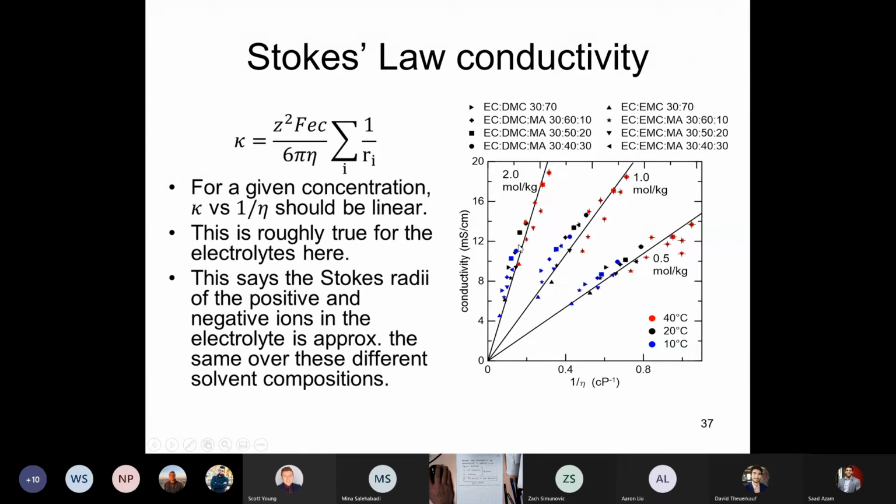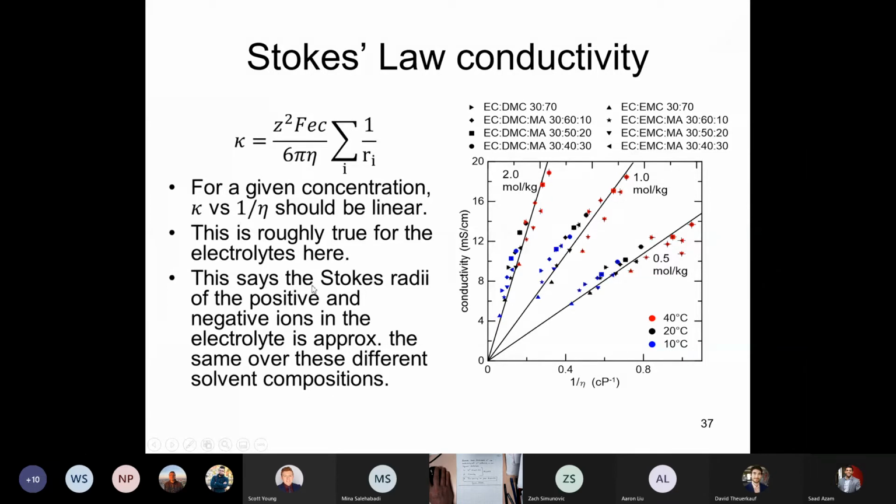And at 1 molar, you get another straight line behavior, and at half a molar, you get another. Oh yeah, that's not all at 1 temperature. It's at a variety of temperatures. So temperature affects the viscosity. So this is really quite fascinating that it works so amazingly well.